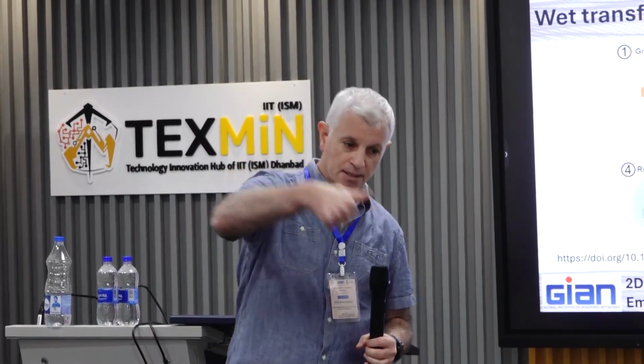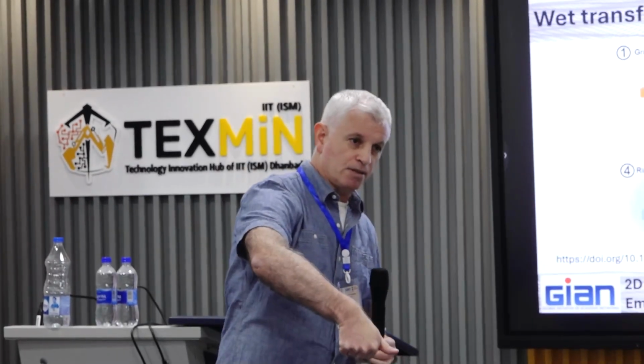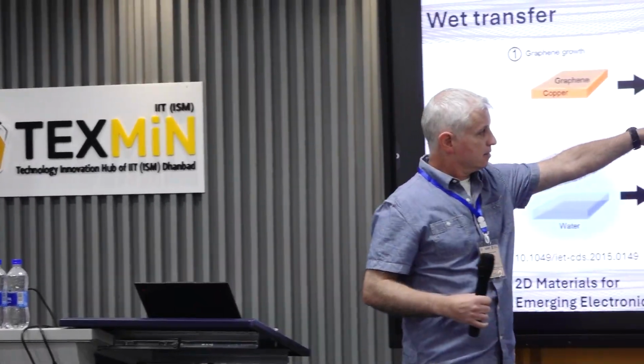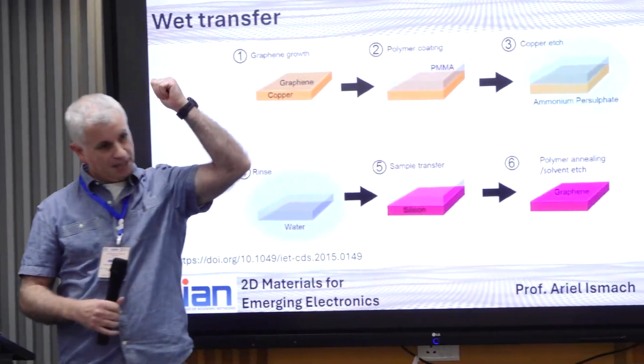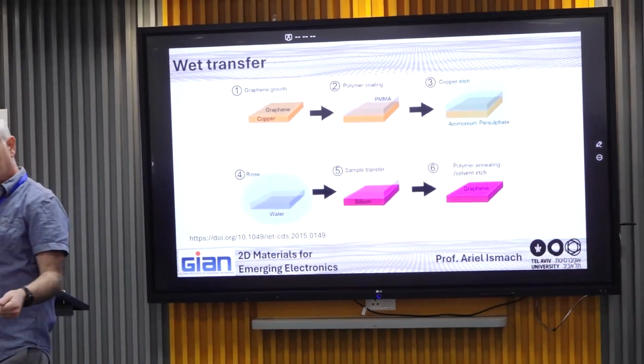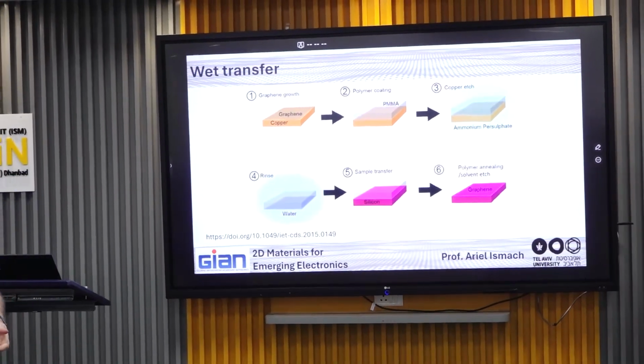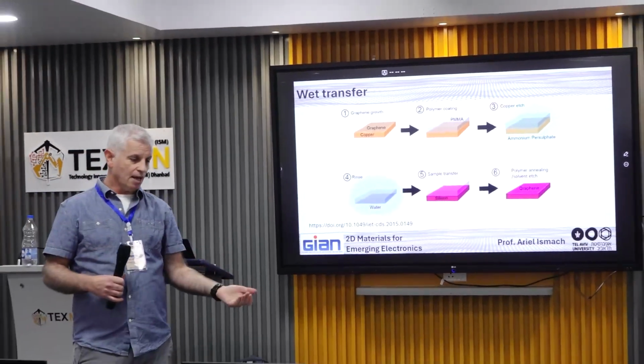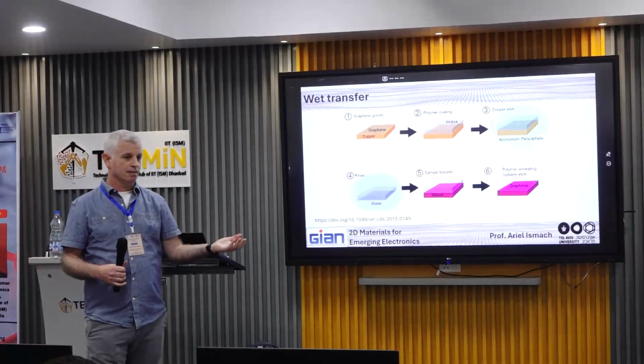You stick the graphene to the thermal tape, you take it away from the metal, and then you put it on the substrate, and basically you heat it up in order to release the tape.